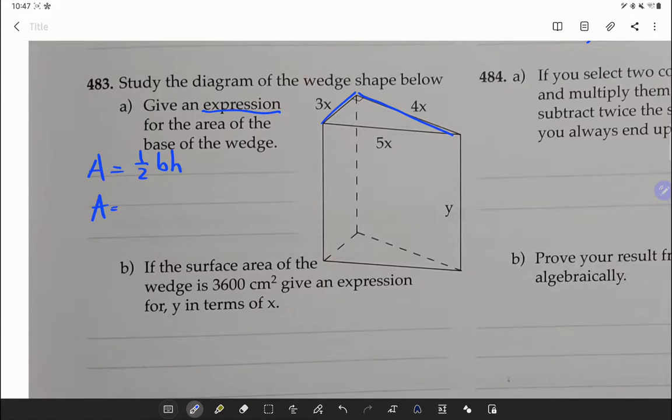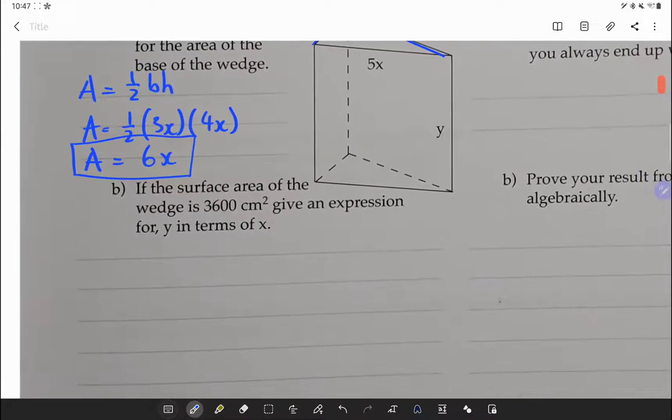So our equation becomes half times 3x times 4x, which I'll expand and simplify. It becomes 6x². Cool. There it is.